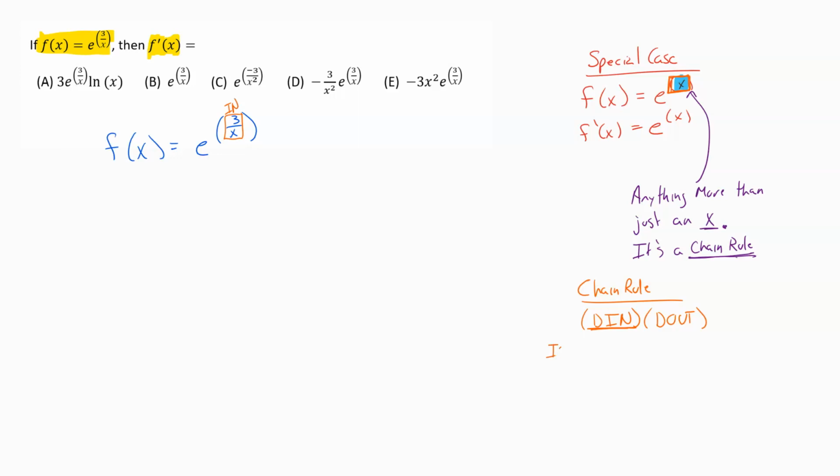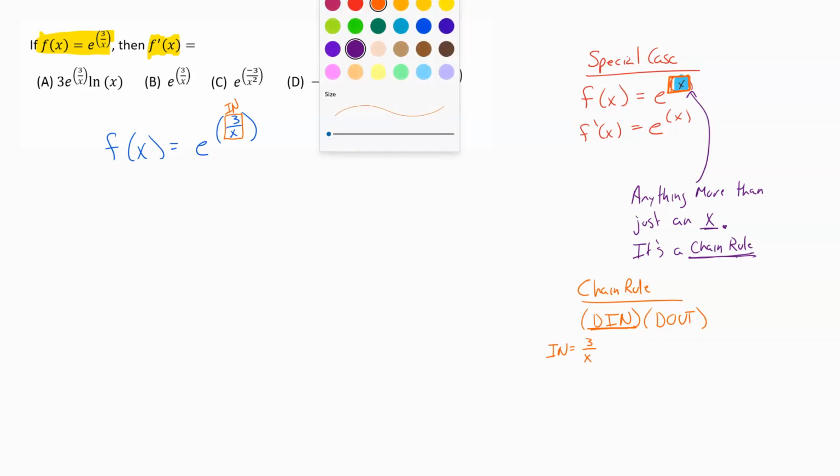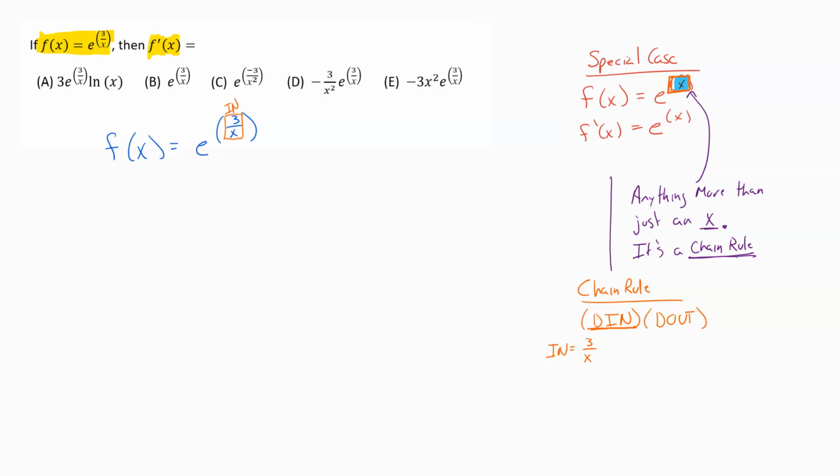So I pull that down below here and I say, okay, what's the derivative of 3 over x? Well, 3 over x is going to require us first and foremost to do a rewrite.